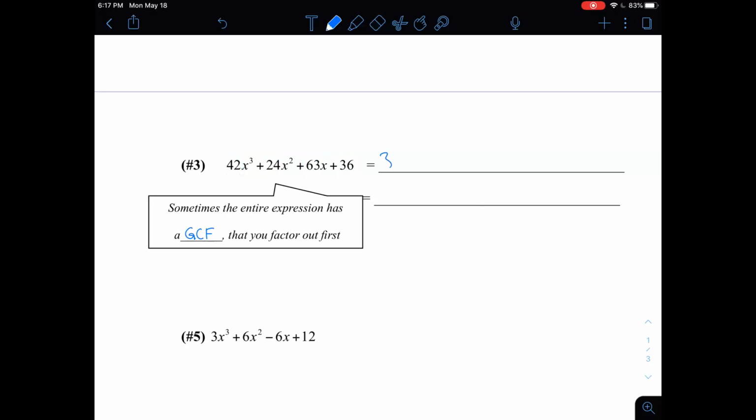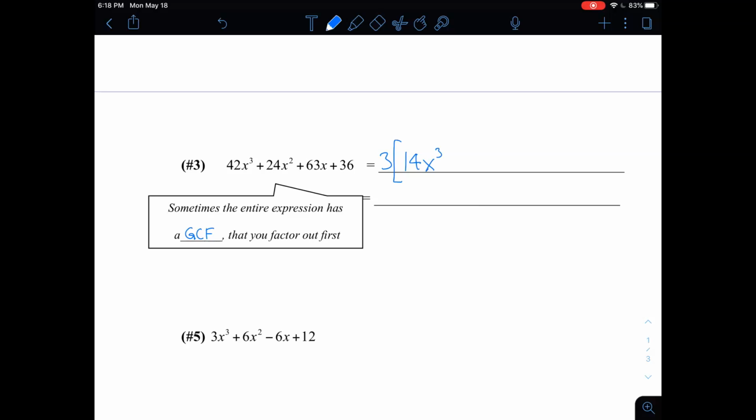We can pull out a 3. Now, I can look at this and say there's no exponent we can pull out because this 36 does not have an exponent. So our GCF is actually going to be 3. Okay, and the way you would do that is you would find the factors of 24 and find the biggest number that goes into all of those. Okay? So we have 3. When we divide these all by 3, 42 divided by 3 is going to be 14.